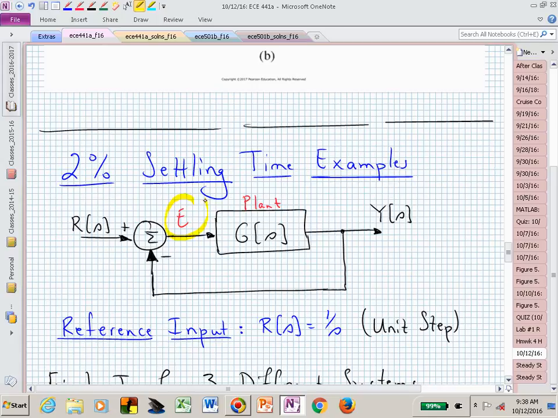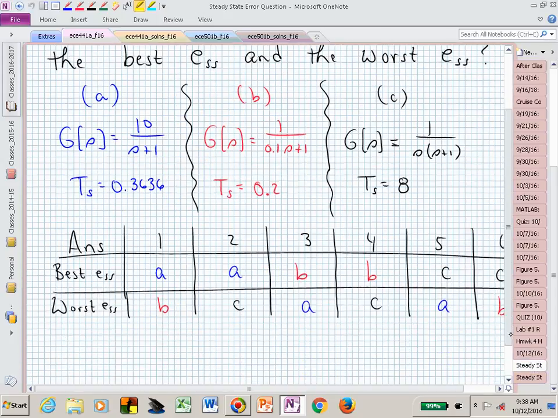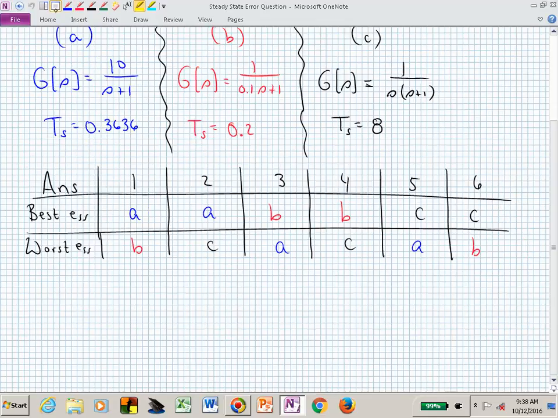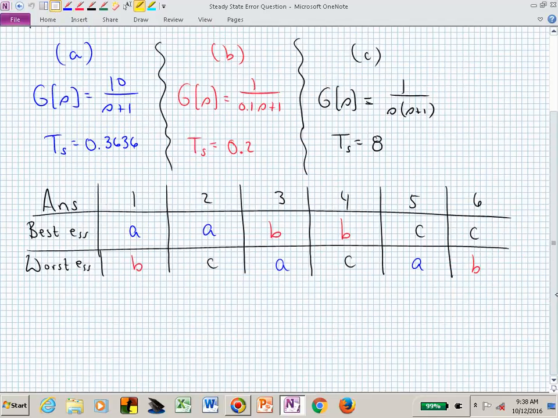We want to know which system gives us the smallest E in the steady state. After the settling time, which E will be the smallest for these 3 plants, and which will be the biggest or the worst? That's what I'm asking here.